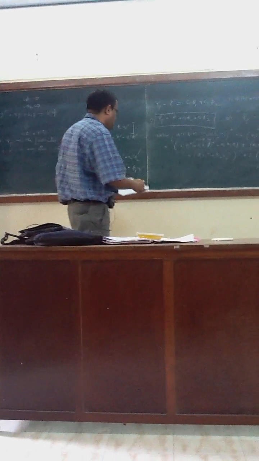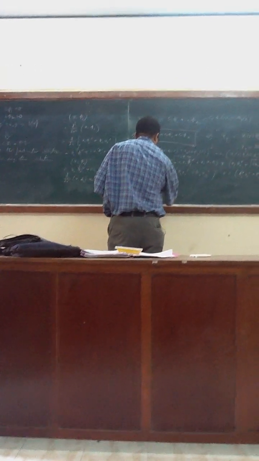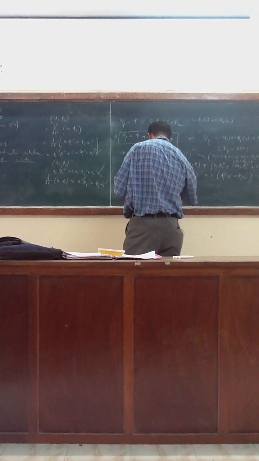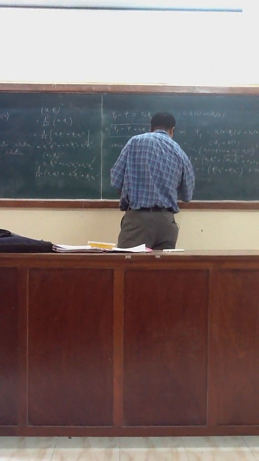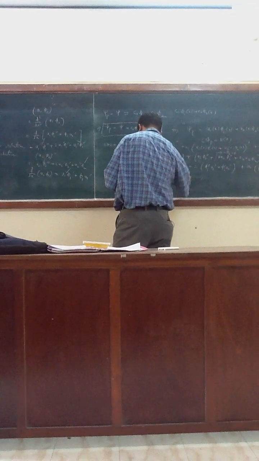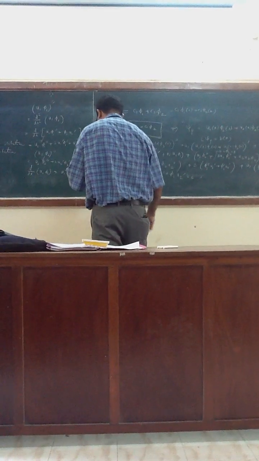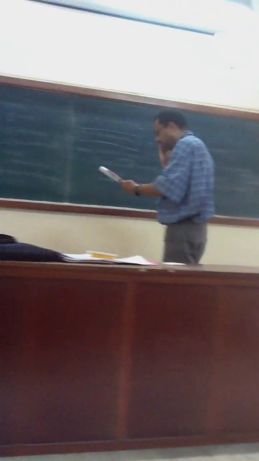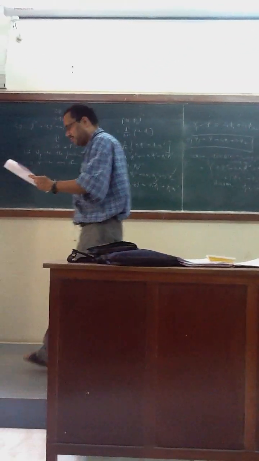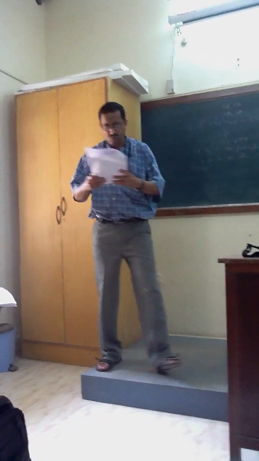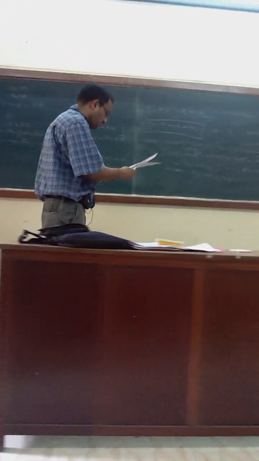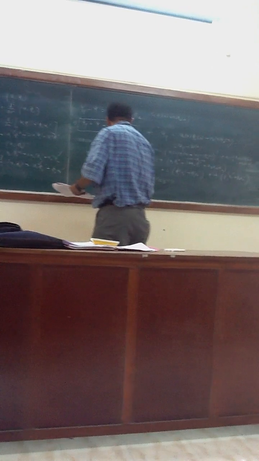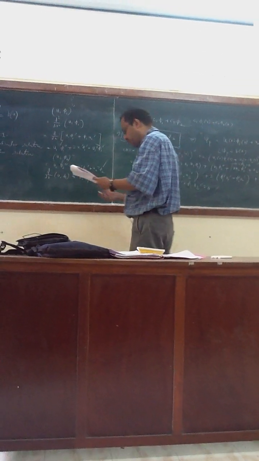So now we'll assume phi 1 u1 prime and phi 2 u2 prime equals 0. So if you take the derivative of that, what will you get?